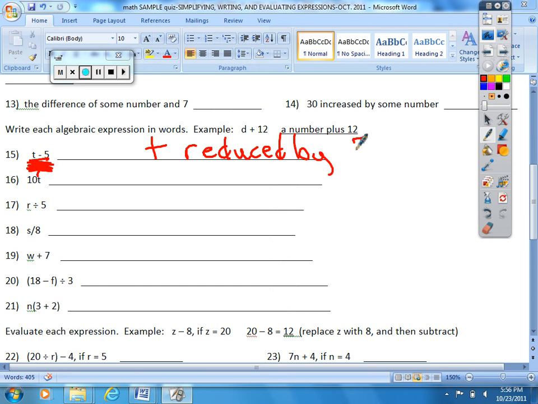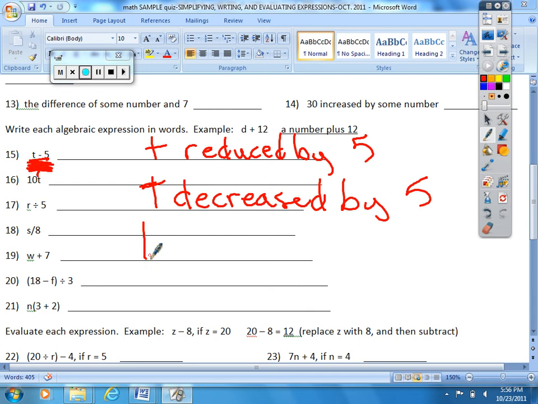That says the same thing. You could say t decreased by 5. Pardon my writing. I try to hurry and it makes it mad. Sometimes decreased by 5. You could say t less 5. Or you could even say 5 less than t.